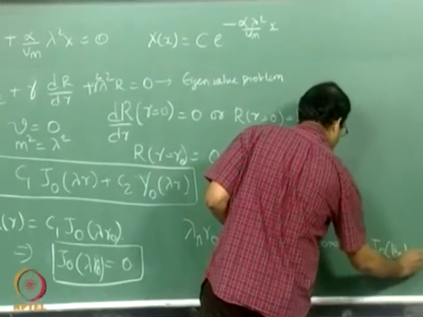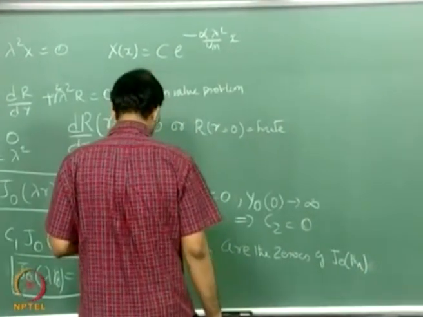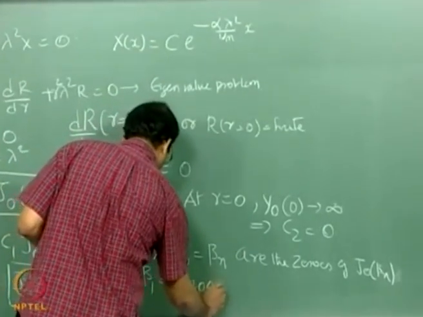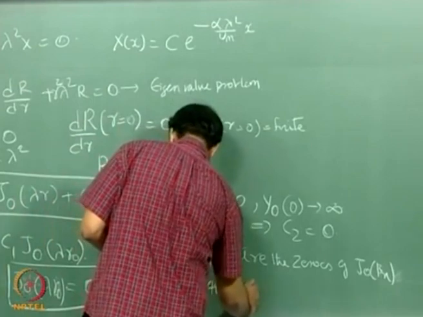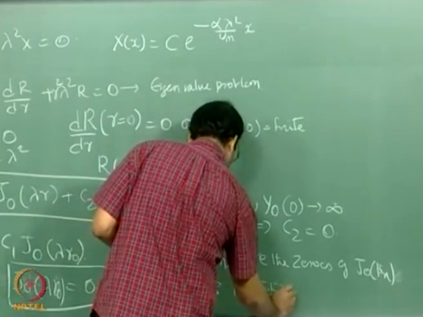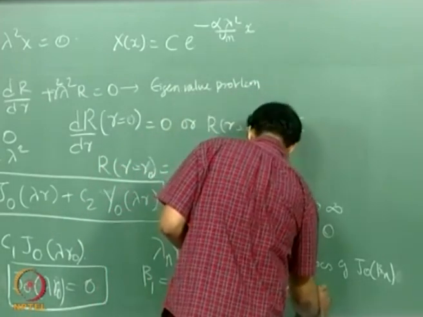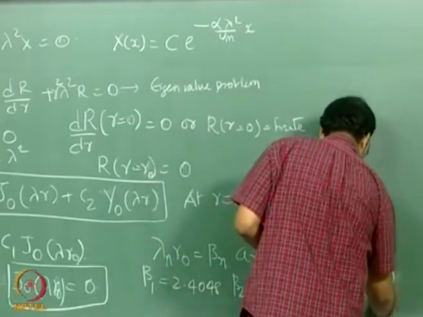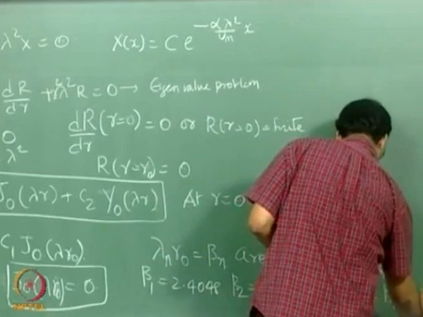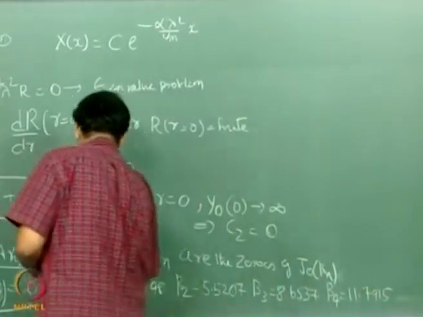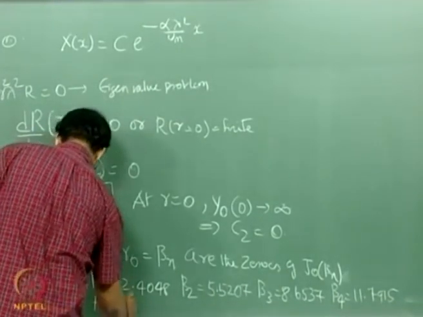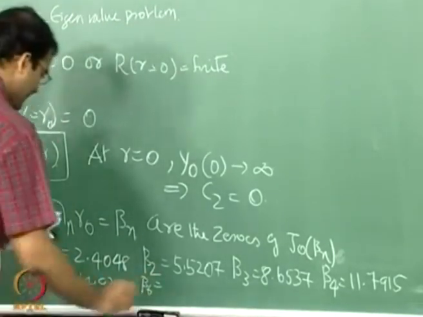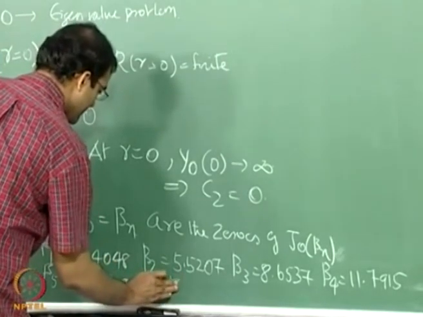The first 6 zeros correspond to beta 1 is equal to 2.4048, then beta 2 is 5.5207, beta 3 is 8.6537, beta 4 is 11.7915, and then beta 5 is 14.9309, and the last one beta 6 is 18.071.